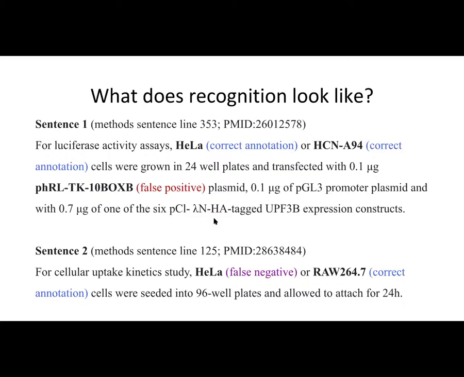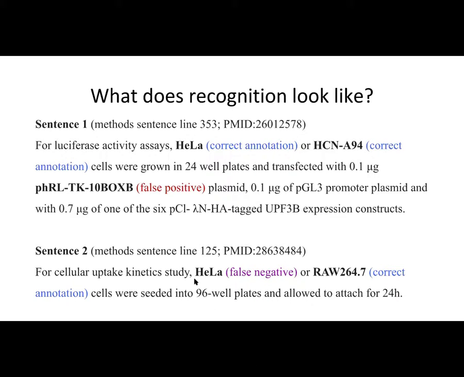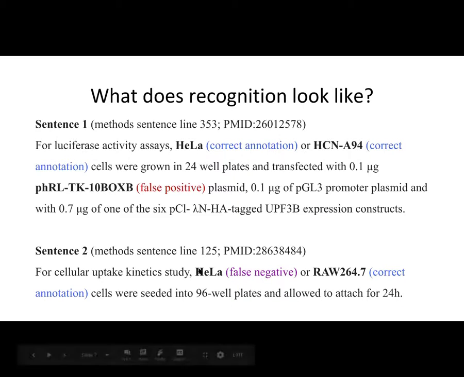However, they do happen. Sentence 2 actually did not find HeLa, but did find this RAW 264.7 cell line. So in this case, you can see that the algorithm, looking at this particular sentence, actually missed one of the cell lines that was being used.